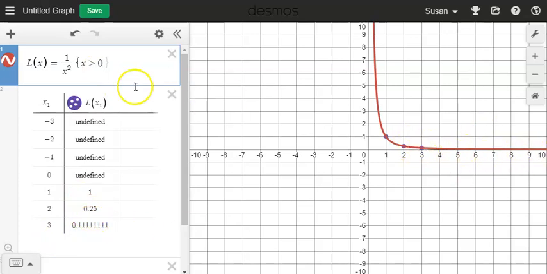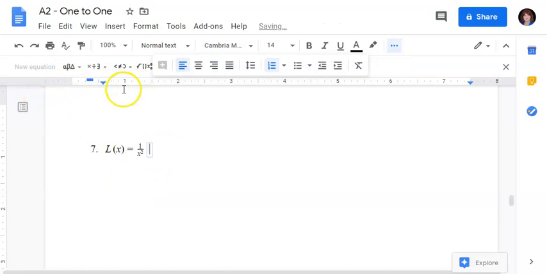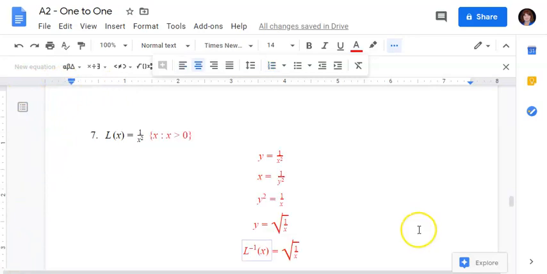Even though they get really close to 0, they'll never reach 0. So for our domain, we're going to say x such that x is greater than 0. So we've restricted our domain of L of x.